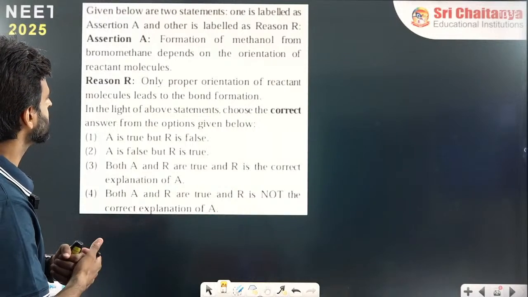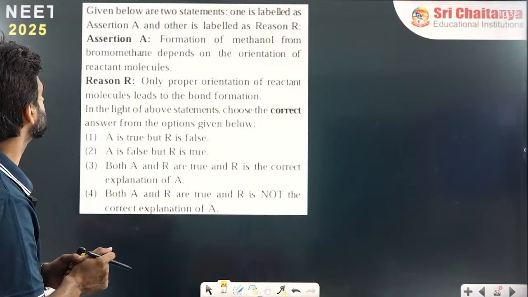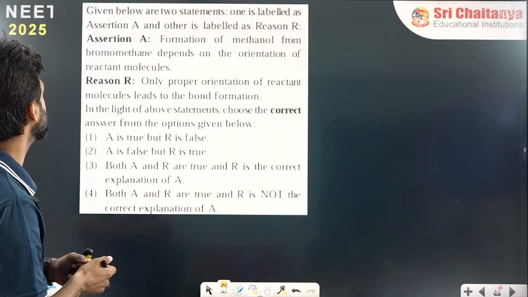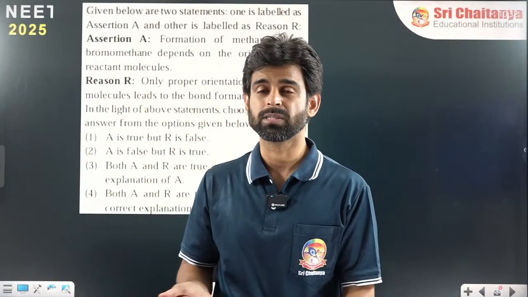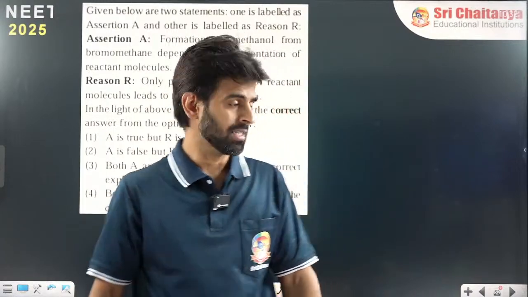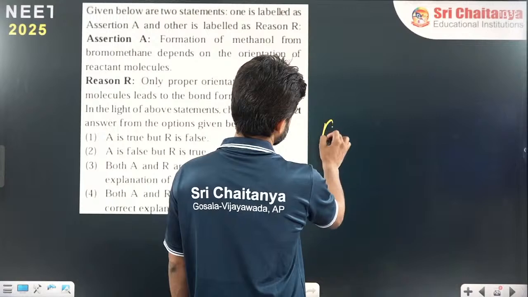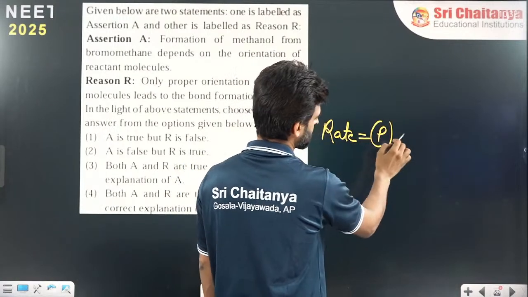Okay, formation of methanol from bromomethane depends on the orientation of reactant molecule, right? If you see the last topic, collision theory, in that they discuss the orientation also. Rate of reaction depends on many factors, and one of these is P, the orientation factor.